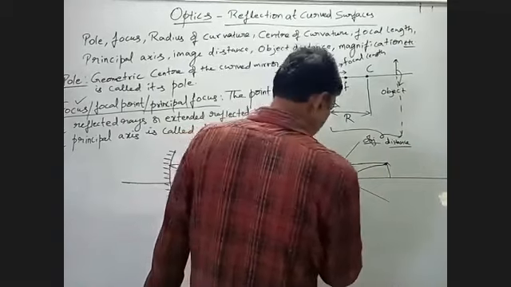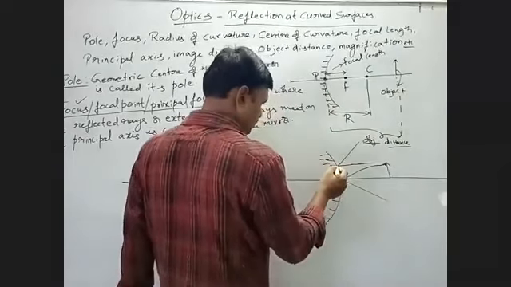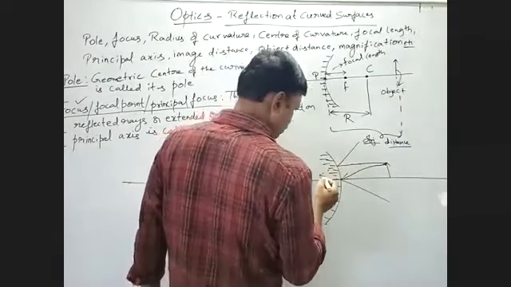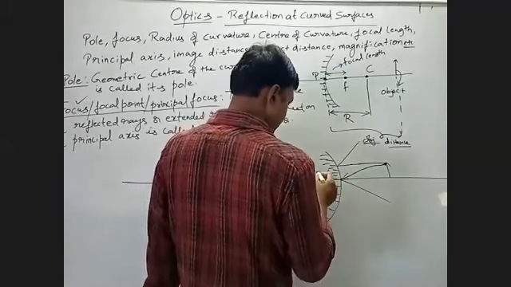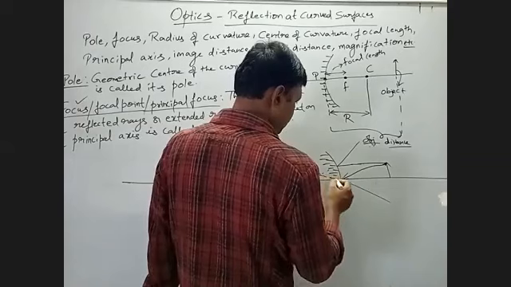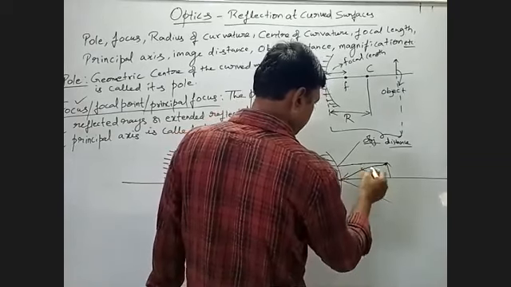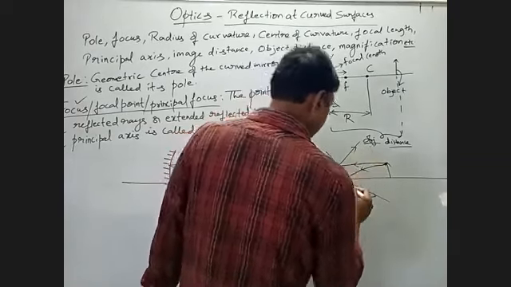You extend them backward and you will find a diminished image here. Here, the image is always diminished.